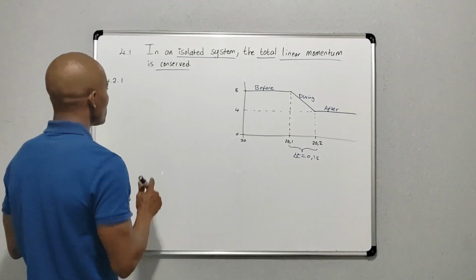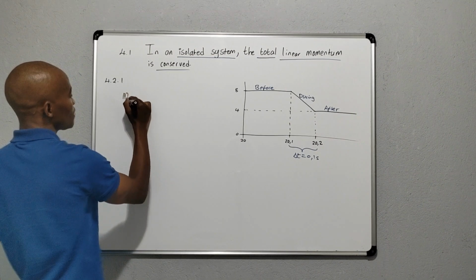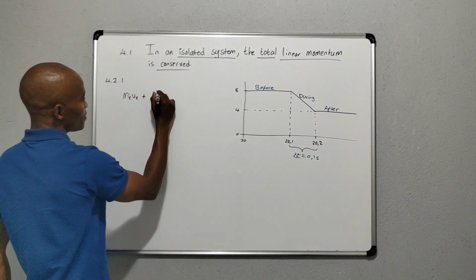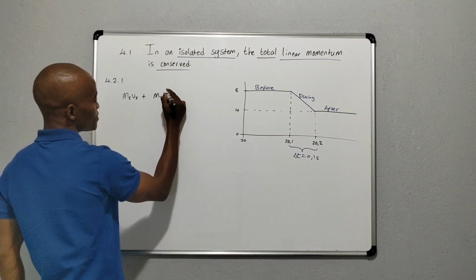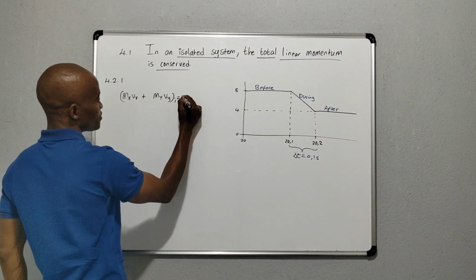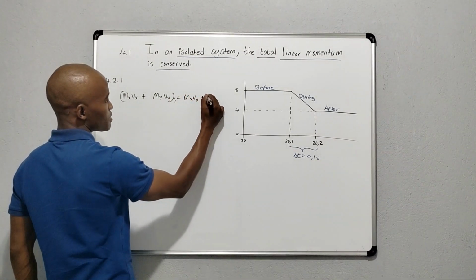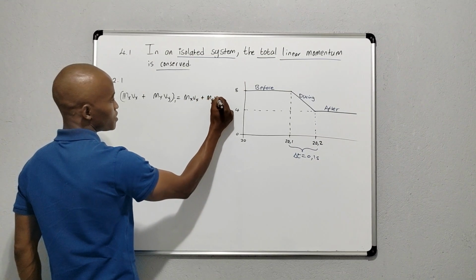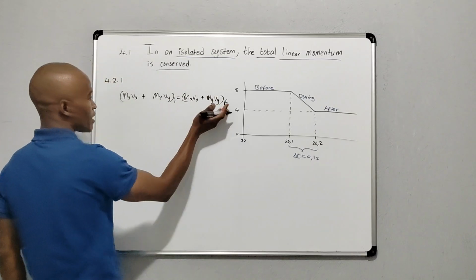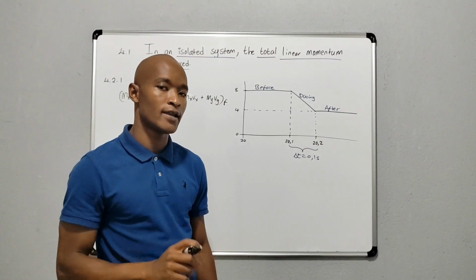The equation of the principle: mass of x times velocity of x plus mass of y times velocity of y initially must be equal to mass of x times velocity of x plus mass of y times velocity of y finally, before and after. We don't want to use the subscripts i and f.